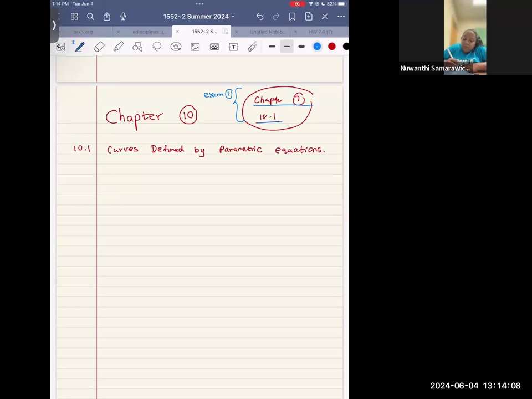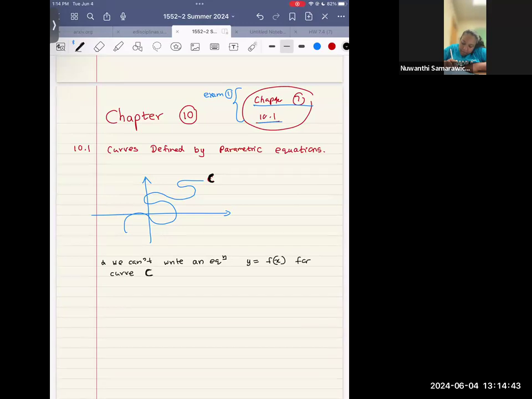If you have the coordinate system and a curve, say this is curve C, we cannot write an equation y is equal to f(x) for curve C. Why?